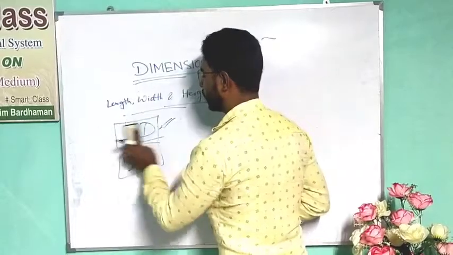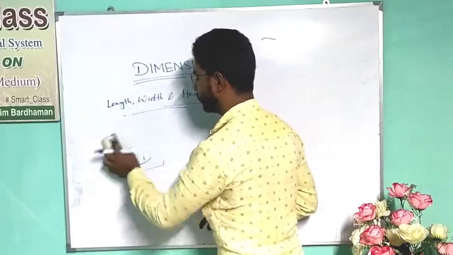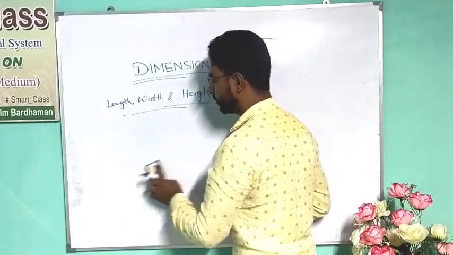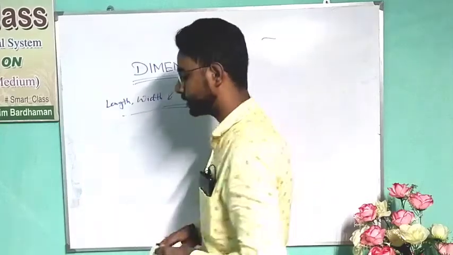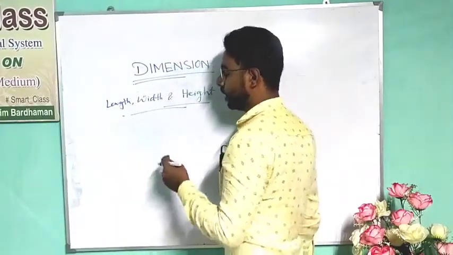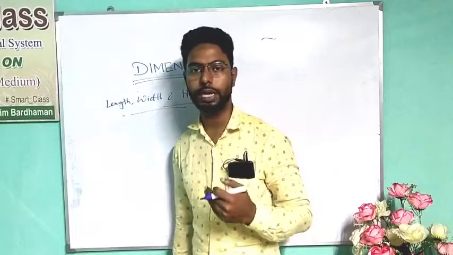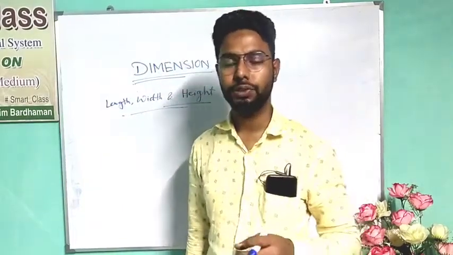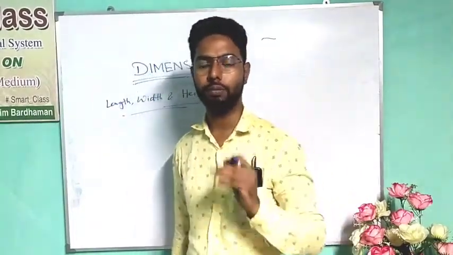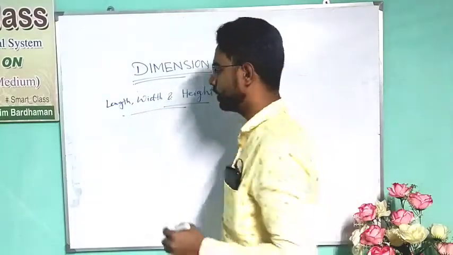So now we are going to find out the dimension of some physical quantities. One thing you should know: to find the dimension, you have to know the formula of that physical quantity.